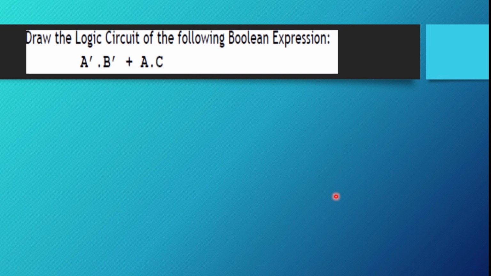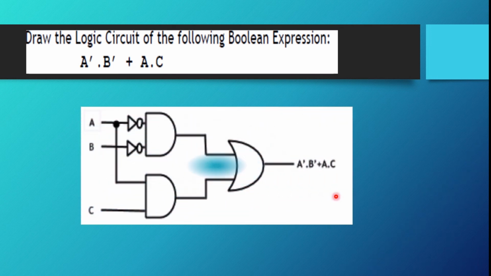So now we have to draw the logic circuit for the expression A complement B complement plus AC. So this is the solution. For A complement B complement we have taken one AND gate with inverted inputs. So A is fed as A complement, B is fed as B complement.